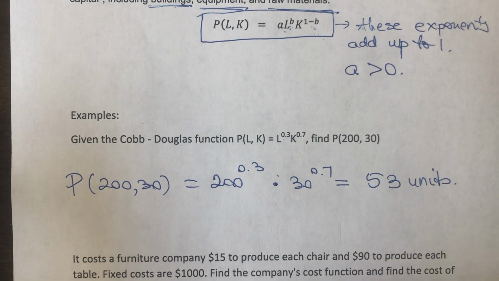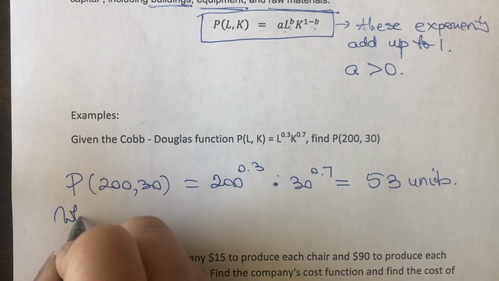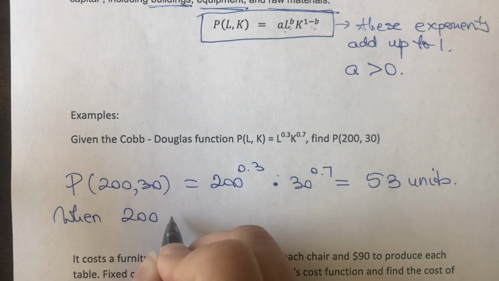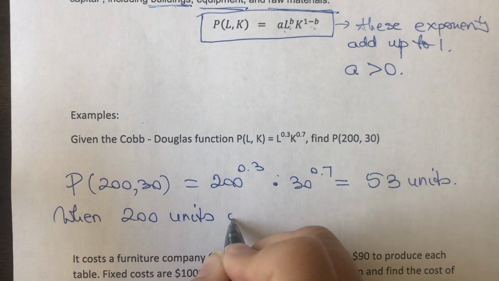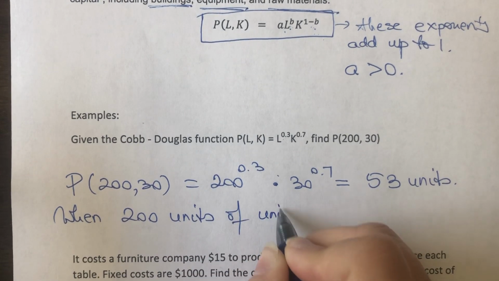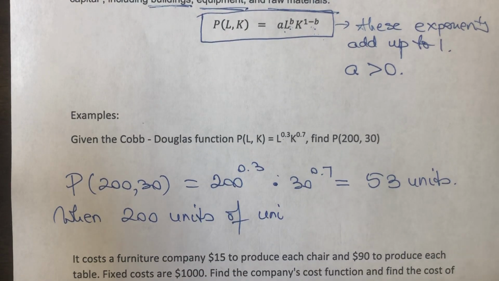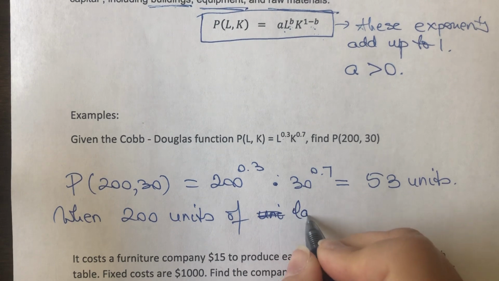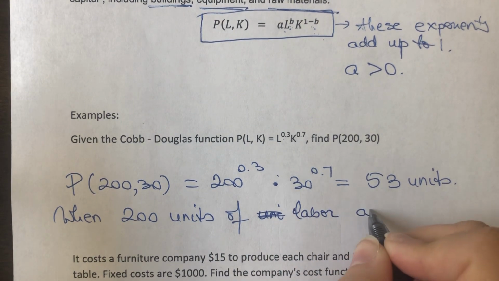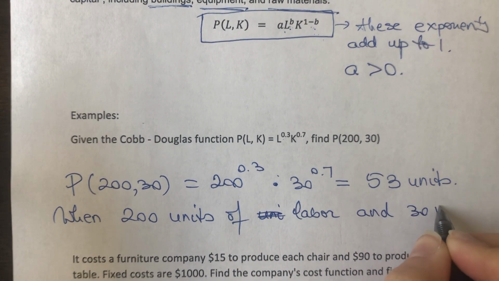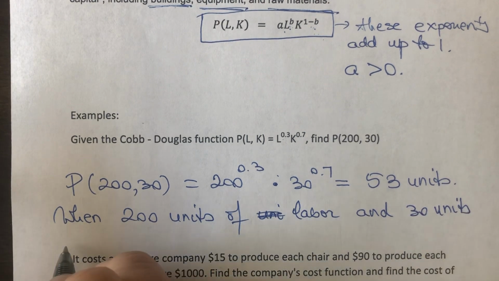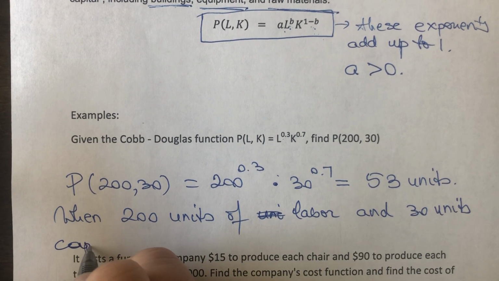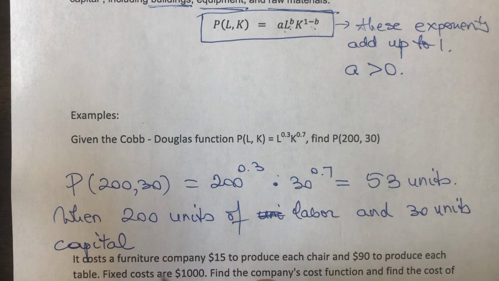Okay, so in other words, what does that mean? When 200 units of labor, in other words, maybe hours, right? So you have, I don't know, 50 employees, each working 40 hours a week of labor, and 30 units of capital, and that doesn't necessarily mean $30. Maybe a unit of capital is $1,000, right?